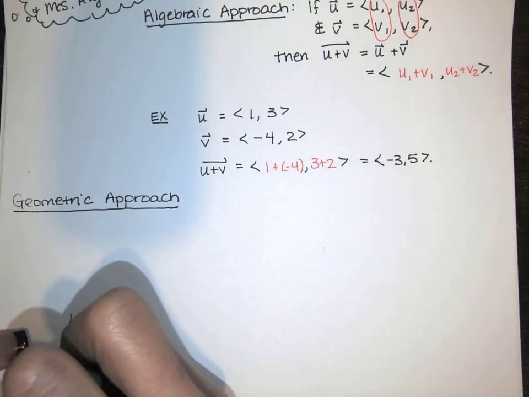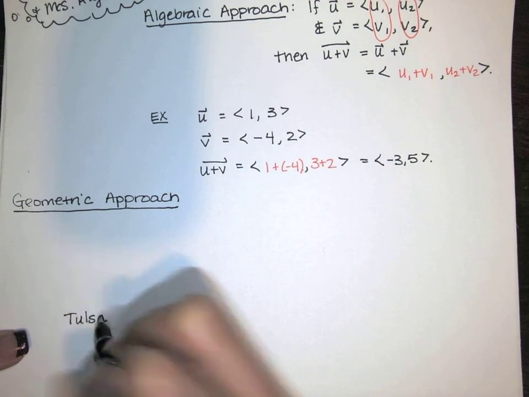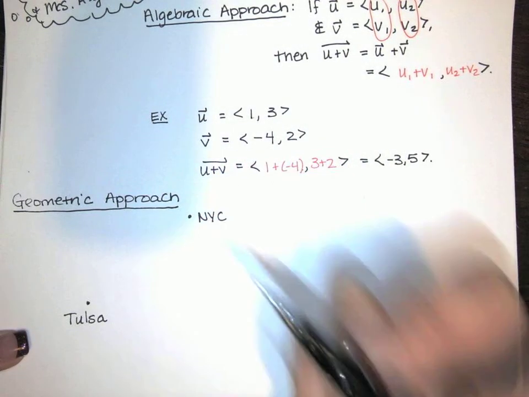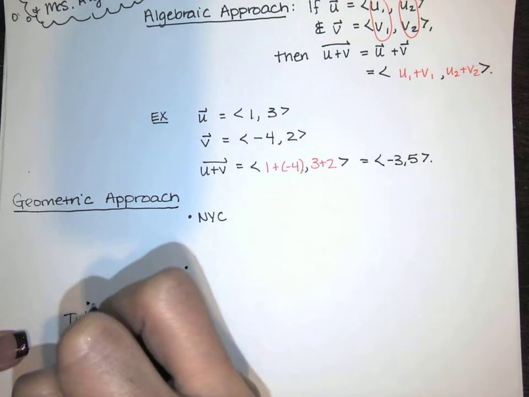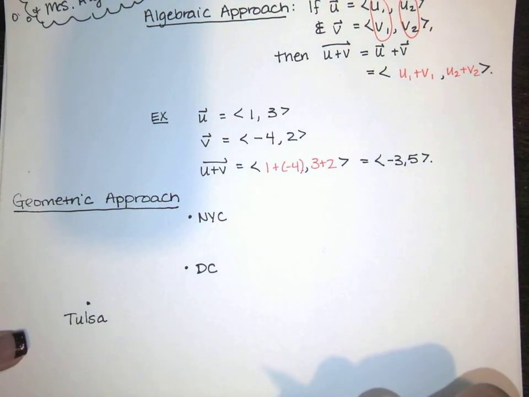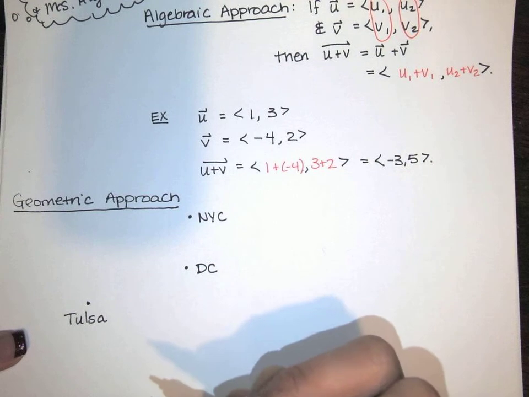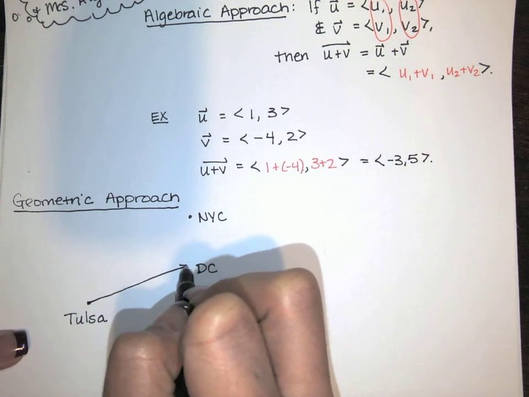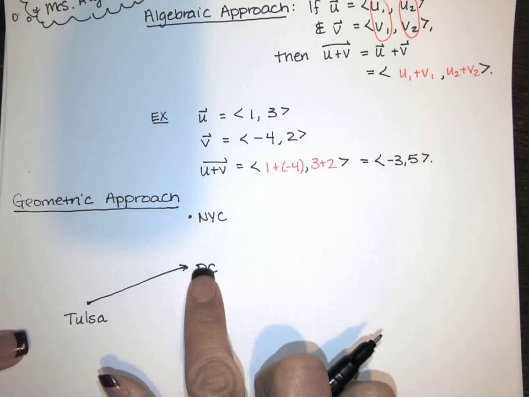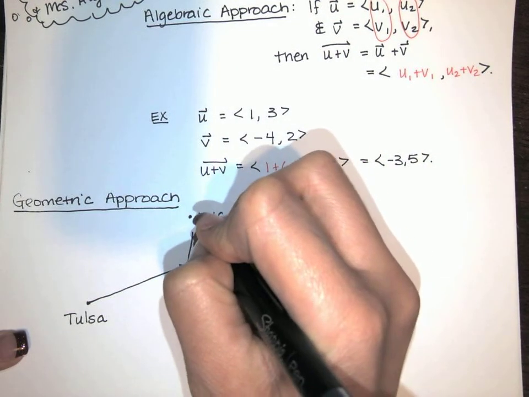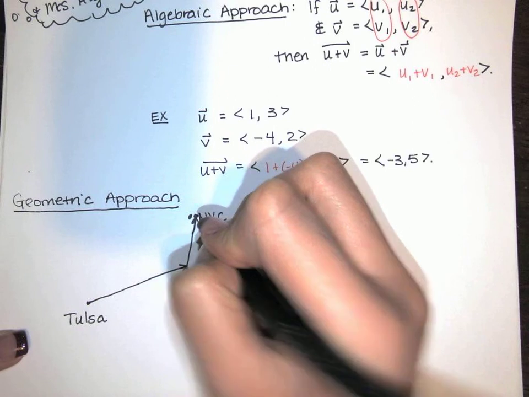So let's say I'm here in Tulsa, and I want to go to New York. I love New York. One way that I could do that is I could take a flight that takes me to DC and then takes me to New York. So I go from Tulsa to DC, and then DC to New York.